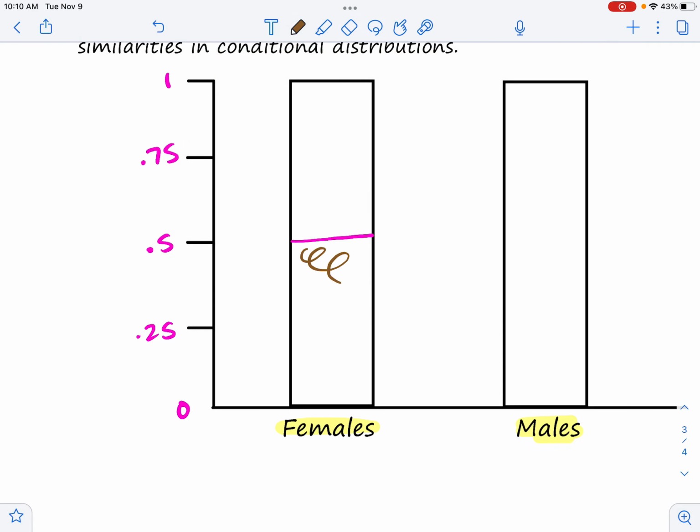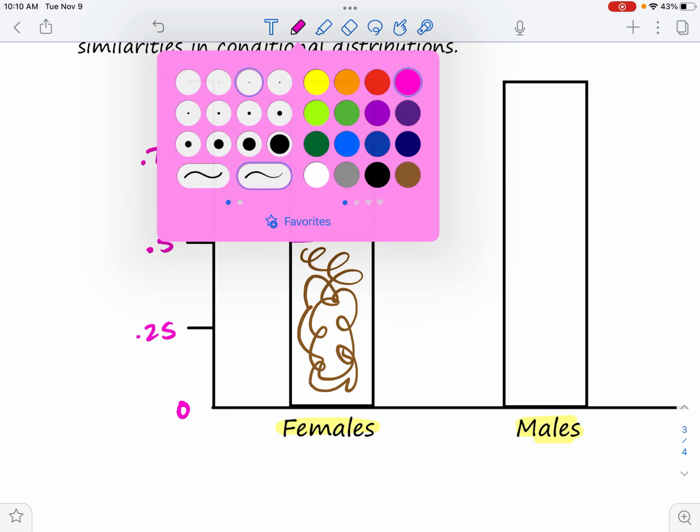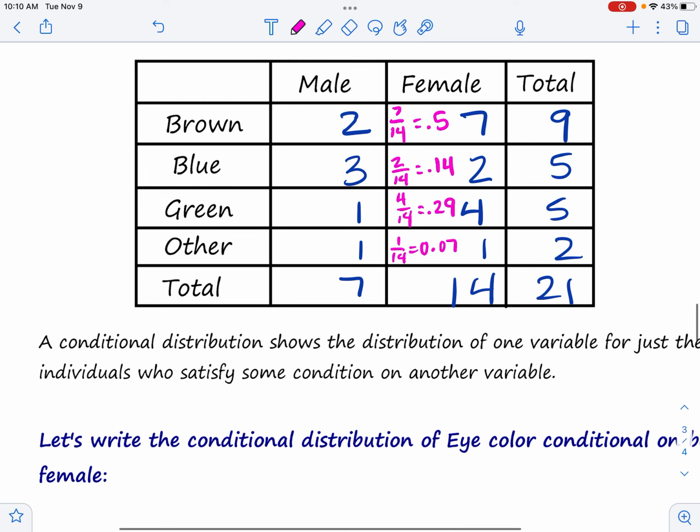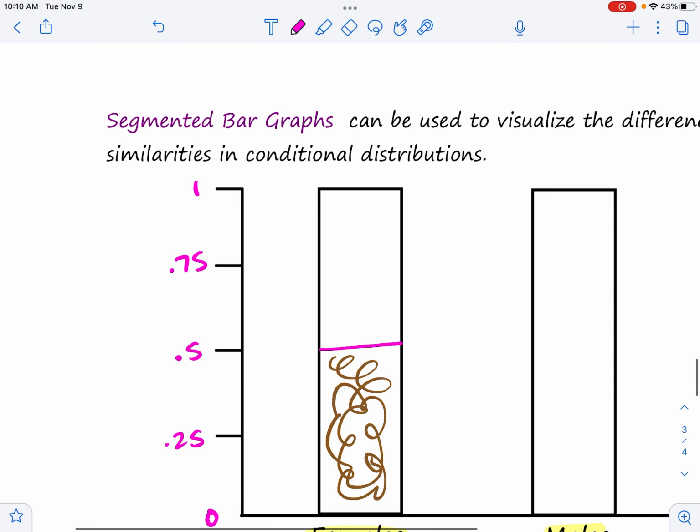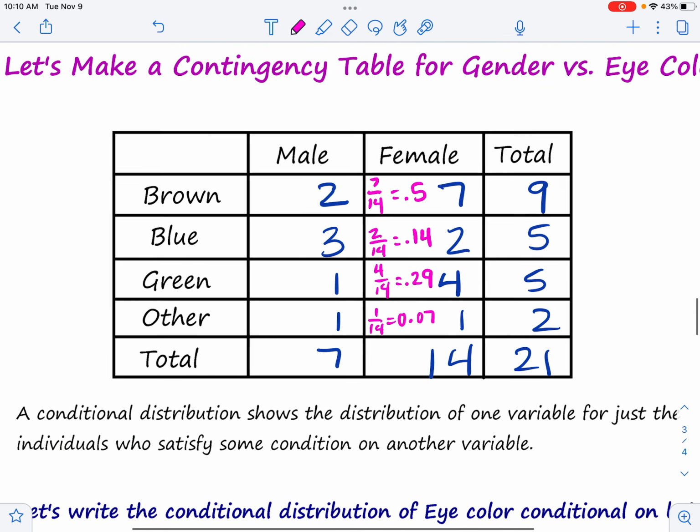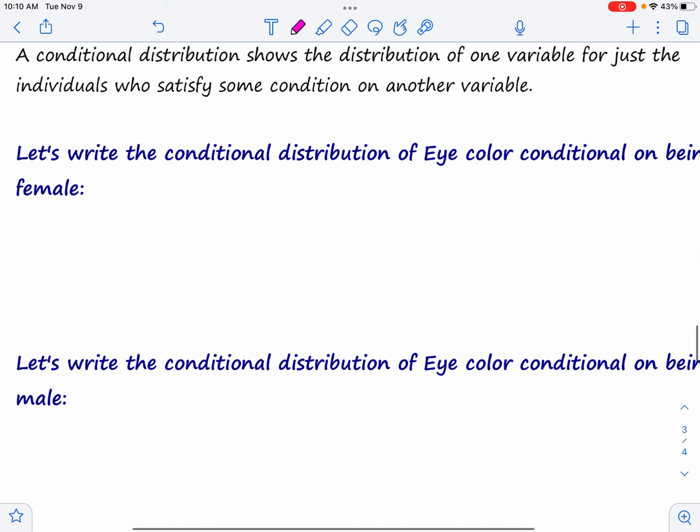So this in here is brown eyes. Next, we've got the blue eye, so that goes up 0.14. So I'm going to go up to 0.64 about. Let's say that's about here. And that was for blue eyes.